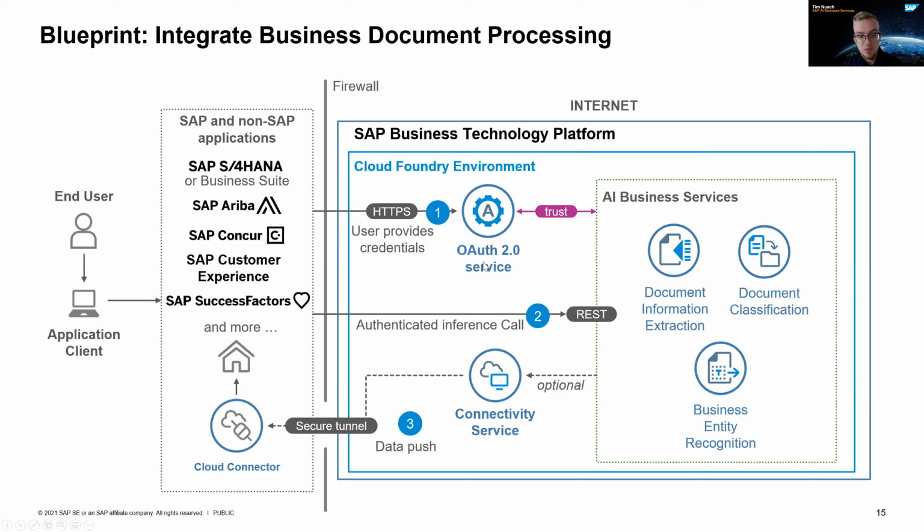They are provided as RESTful APIs, so they can be really consumed, as Tomasz explained earlier, within SAP environments or in combination with SAP applications, but also with non-SAP applications. All of our services use HTTPS and OAuth 2.0 for authentication.